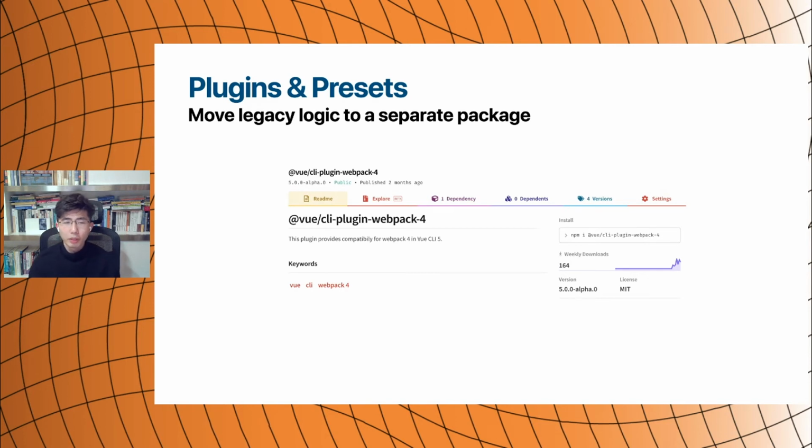Many of the users may want to stay on Webpack 4 for a while, but if we mix the Webpack 4 logic and the Webpack 5 logic in a single package, it would be a nightmare for us to maintain. So in Vue CLI 5, we shipped a separate Webpack 4 plugin and moved all of our legacy logic to this package.